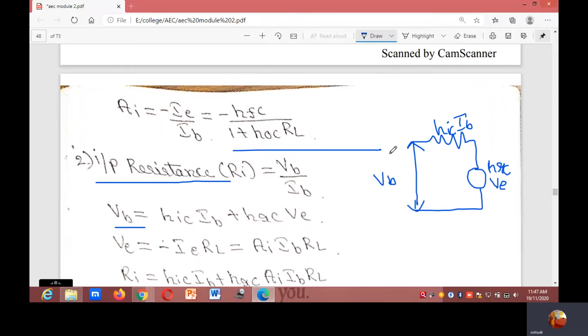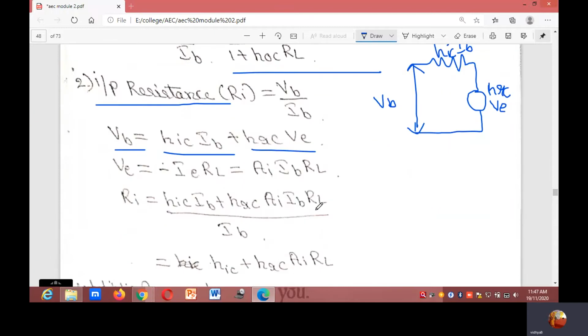VB can be written as what? From the input side equation of the circuit, VB is equal to HIC into IB plus HRC into VE. VE is equal to minus IE into RL.